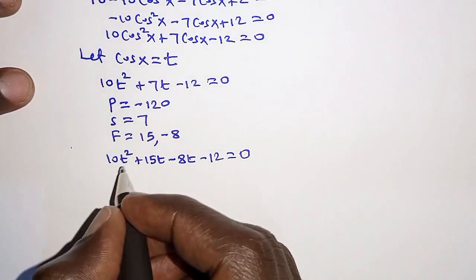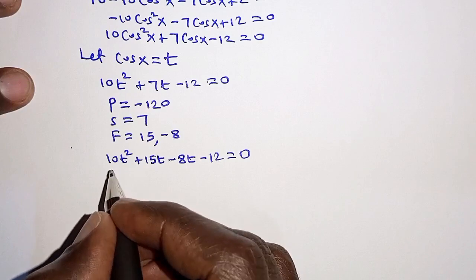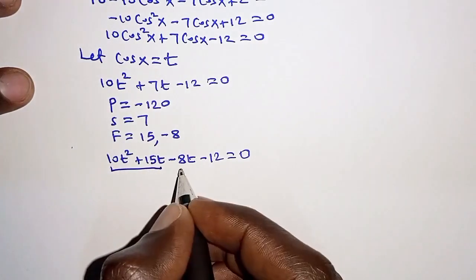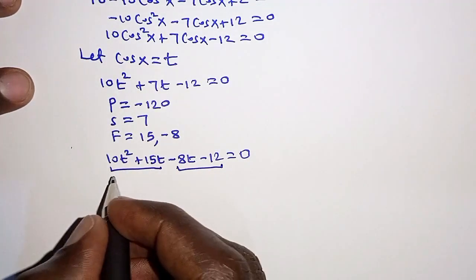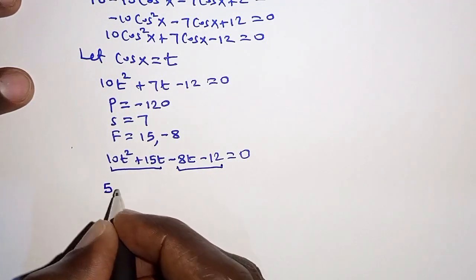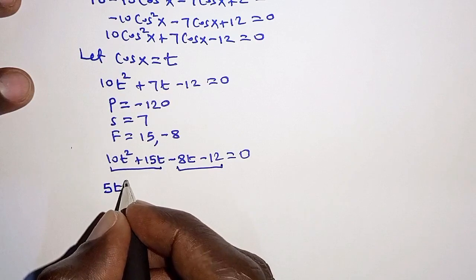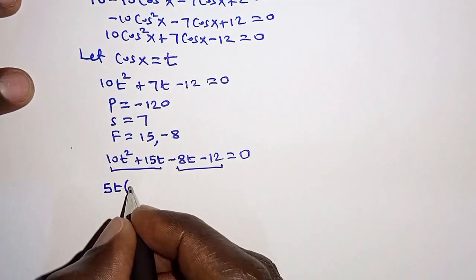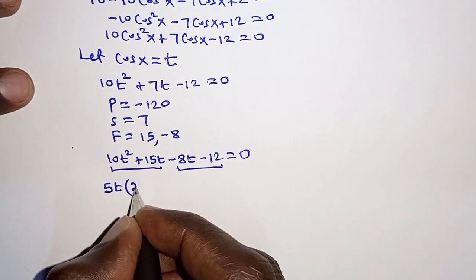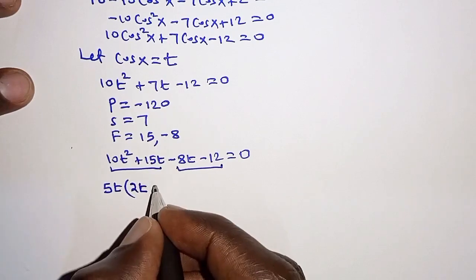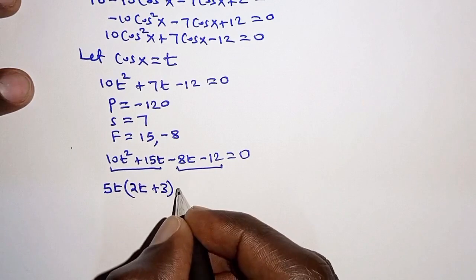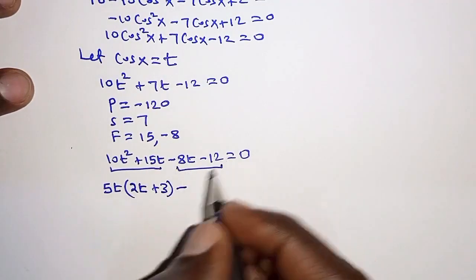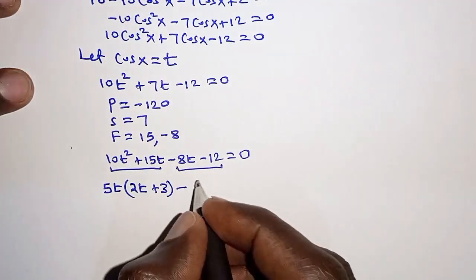At this point, we can factorize by pairing. So we pair as such. Then the common factor here is 5t, so 5t into 2t, sorry, plus 3, minus, again here, the common factor is 4.